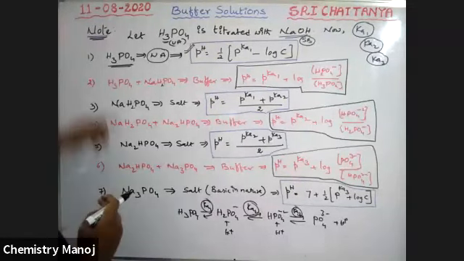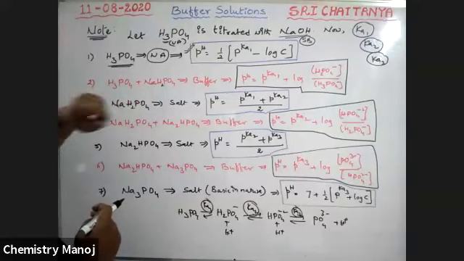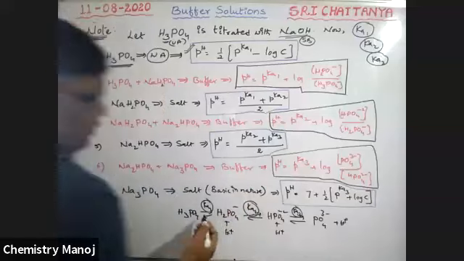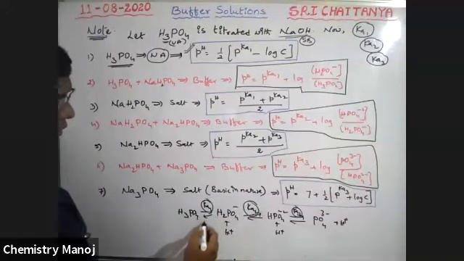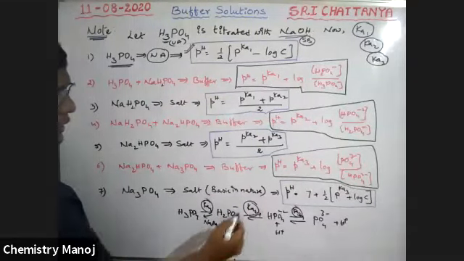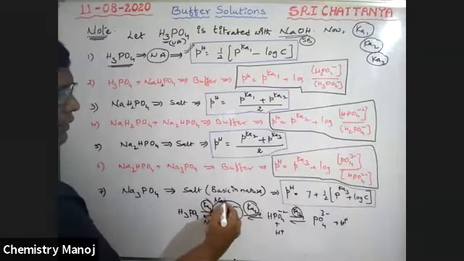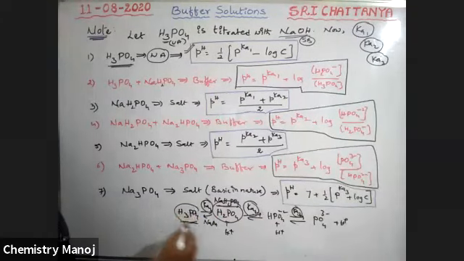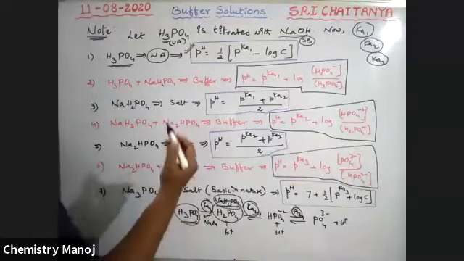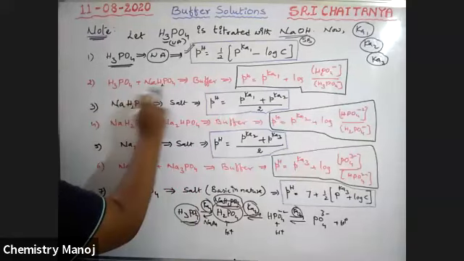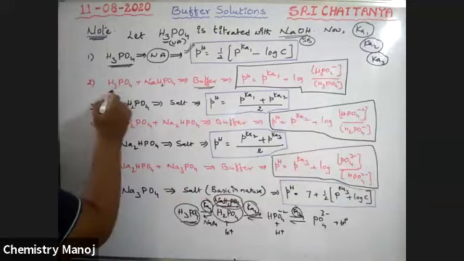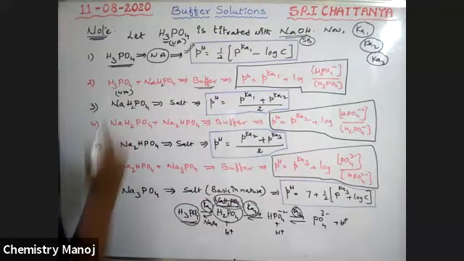Next, this H3PO4 reacts with NaOH. That gives NaH2PO4 as the product. So this is the salt, my dear boys. This weak acid and its conjugate salt NaH2PO4 form a buffer: an acidic buffer, a weak acid with its salt with a strong base.